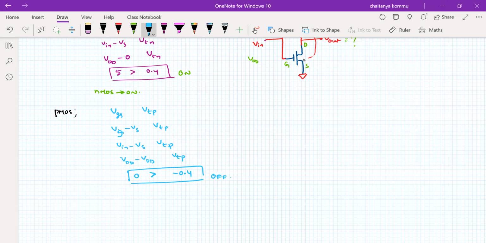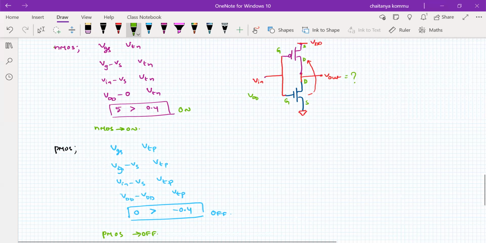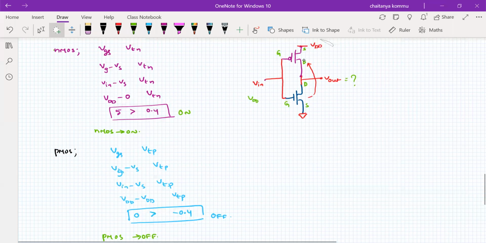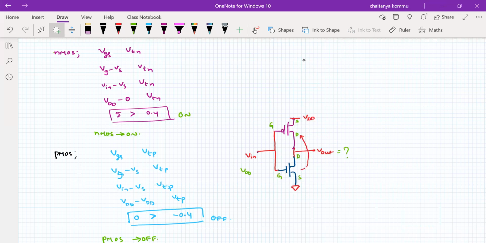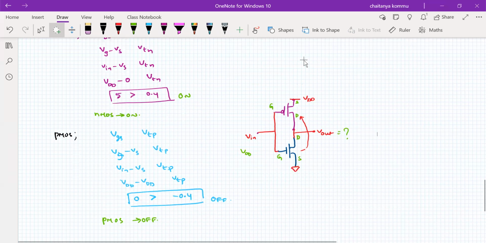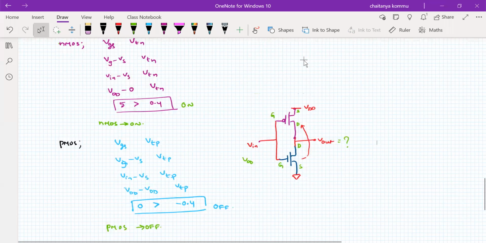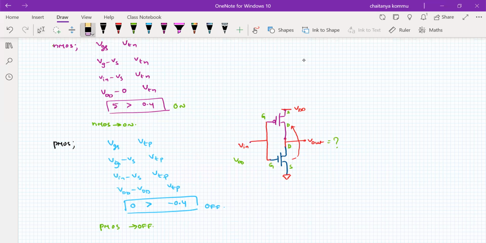Therefore, the PMOS transistor becomes off. That is the condition we have to take into consideration. Under that condition, I can remove the PMOS transistor, leaving only the NMOS transistor.